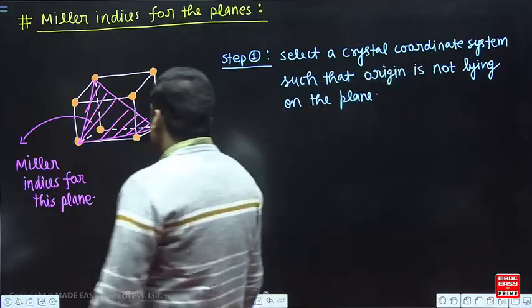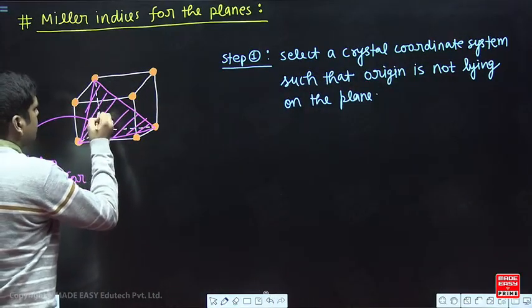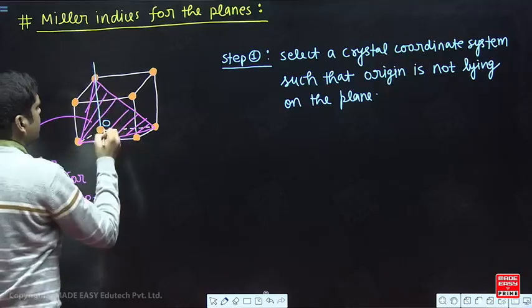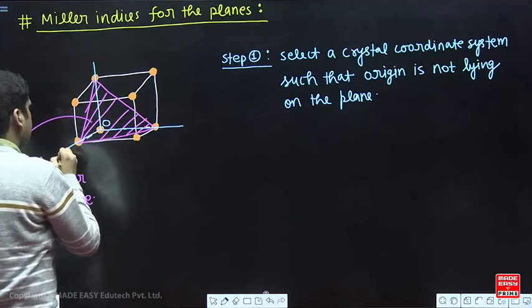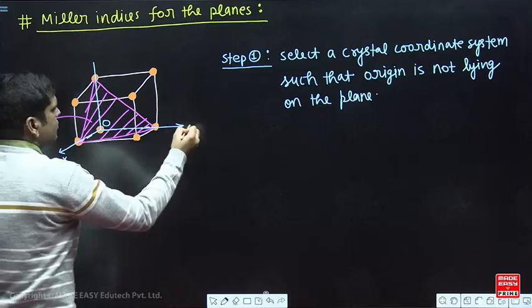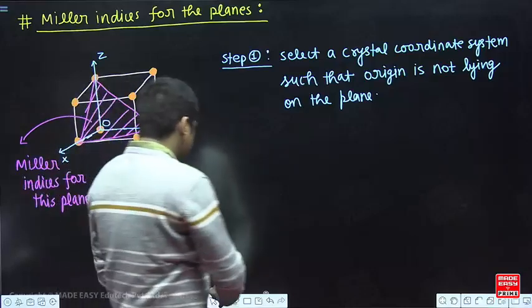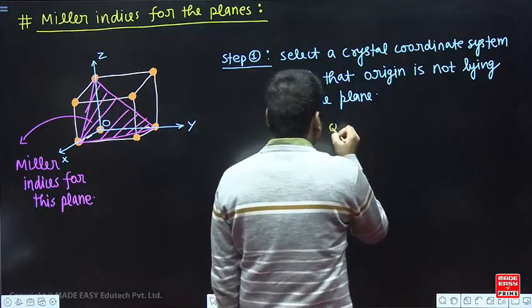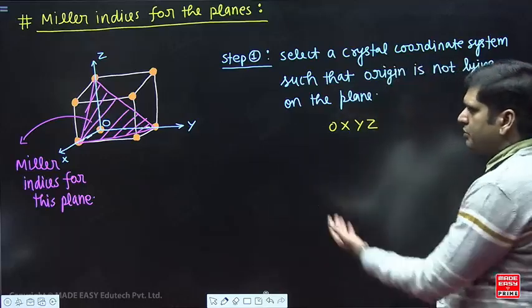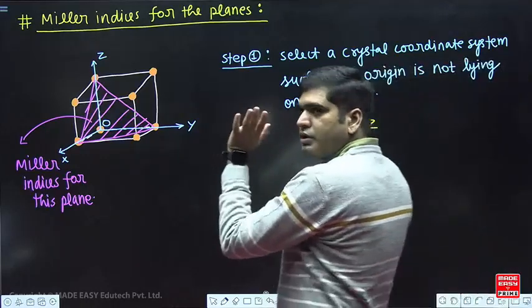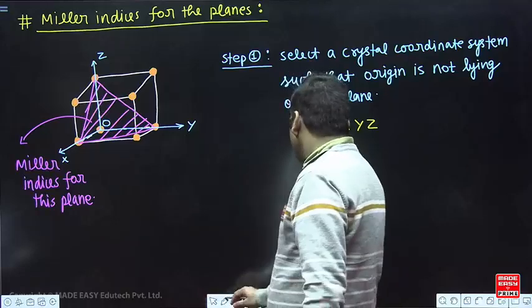So I am selecting, let us suppose this is our front plane, so I am selecting origin at the back plane, and hence we have a coordinate system like this. Let us suppose this is x axis, this is y axis, and this is z axis. So O, x, y, z, this is our coordinate system. O is not lying on the plane. We are talking about front plane, and I am assuming O is at the back plane. Dotted lines.